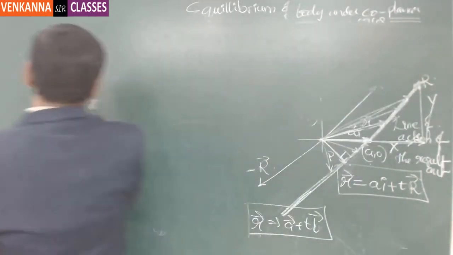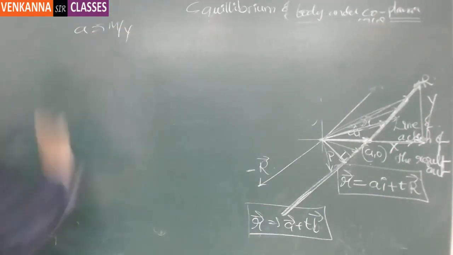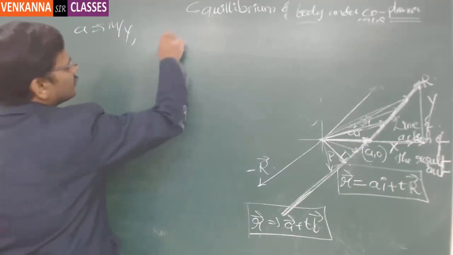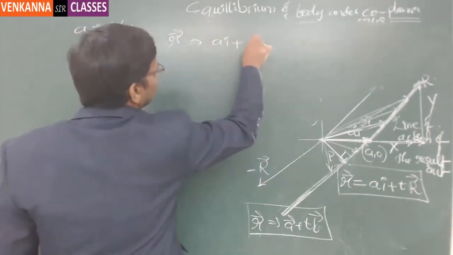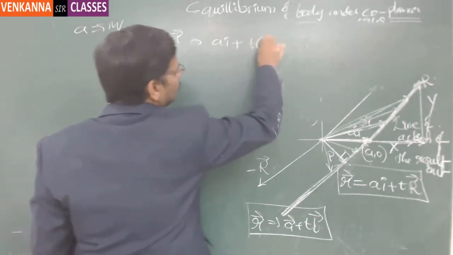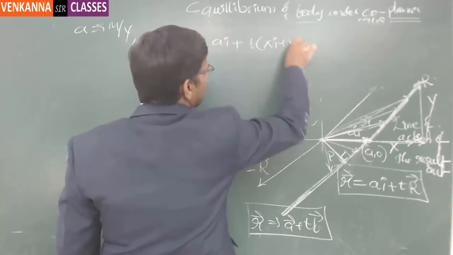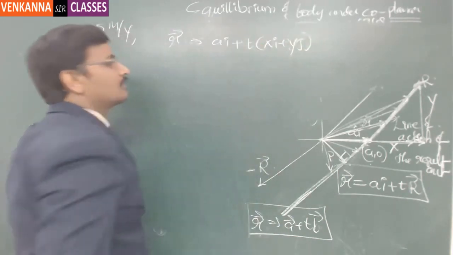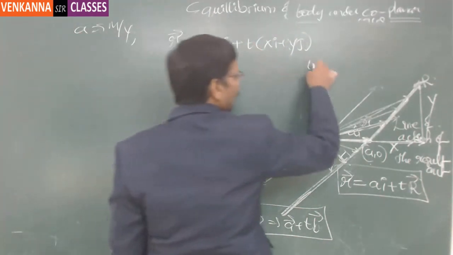So A is equal to m by Y, this was already proved. And another equation we found is the straight line equation R is equal to ai plus t times (Xi plus Yj). Capital X is the force component along the x-axis, capital Y is the force component along the y-axis, and this t is the parameter.